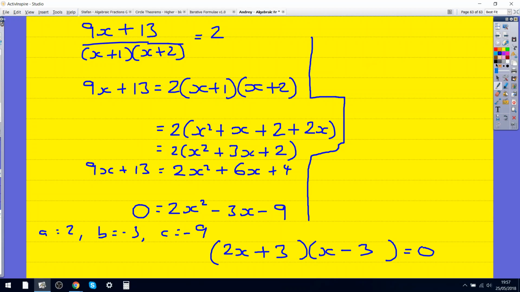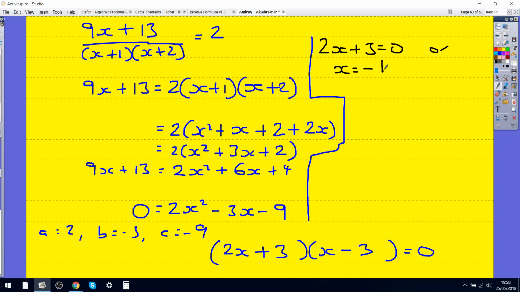Am I solving the equation at the bottom? Yeah. Okay. They're both equal to 0. Sorry. Say 2x plus 3 equals 0, so 2x... so x equals minus 1.5.